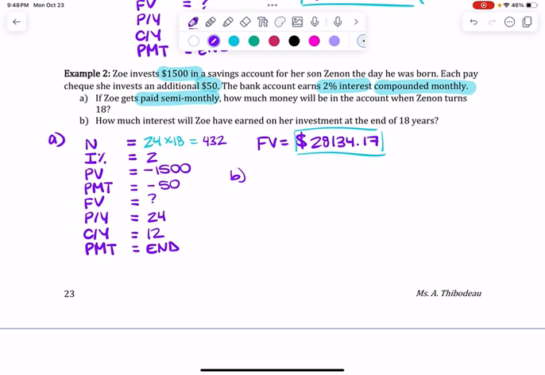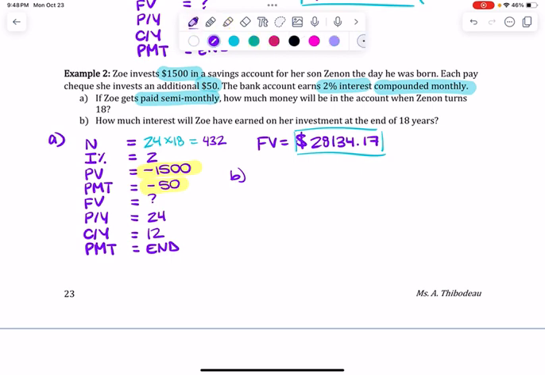The other thing we need to know is the total amount she ended up investing, right? Because that difference is what that interest earned is going to be. Now, we're not just looking at the original question here and saying, oh yeah, PV's $1,500 and then $50, so that's $1,550. That's how much you invested. That would be inaccurate because the payment's happening over and over and over again.